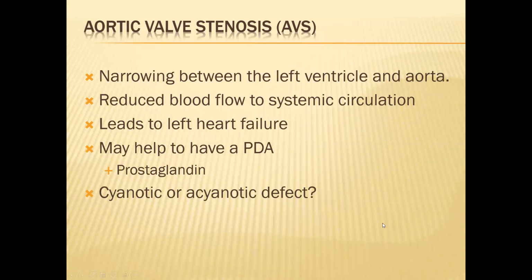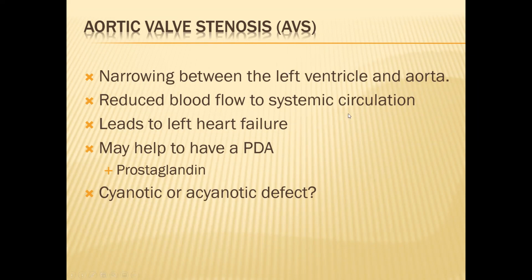Right, we'll talk about aortic valve stenosis, which is pretty much the same thing. With the aortic valve not developing properly, the normal amount of blood doesn't get through the aortic valve. So here it says narrowing between the left ventricle and the aorta.